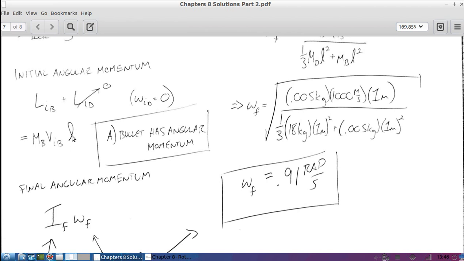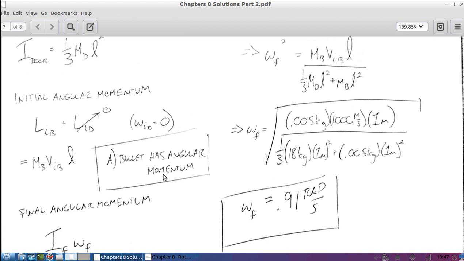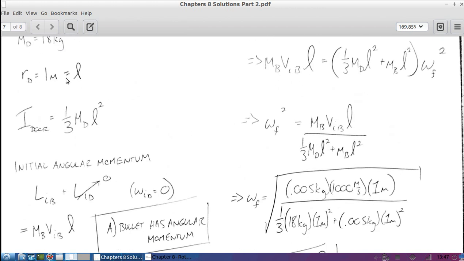It won't have a huge impact on the final angular velocity because there's not much of a difference between those two values. But that was my oversight right there. So I'm going to just keep explaining the problem as if the bullet hits the edge, and then in my final calculation, I'll talk about where we should substitute a 0.9.